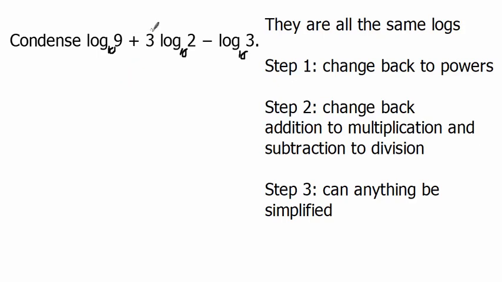The first thing that I like to do is move the thing that needs to become the power. So that one ends up being log base 10 of 2 to the third power.